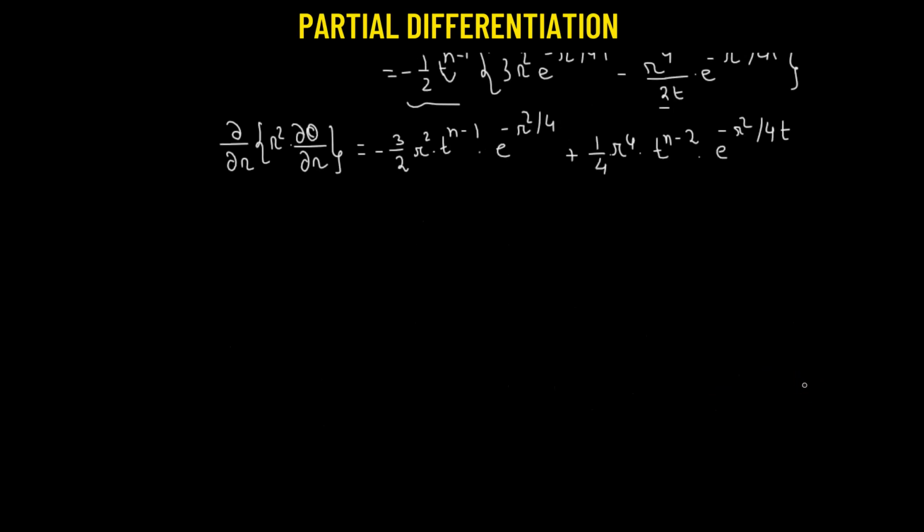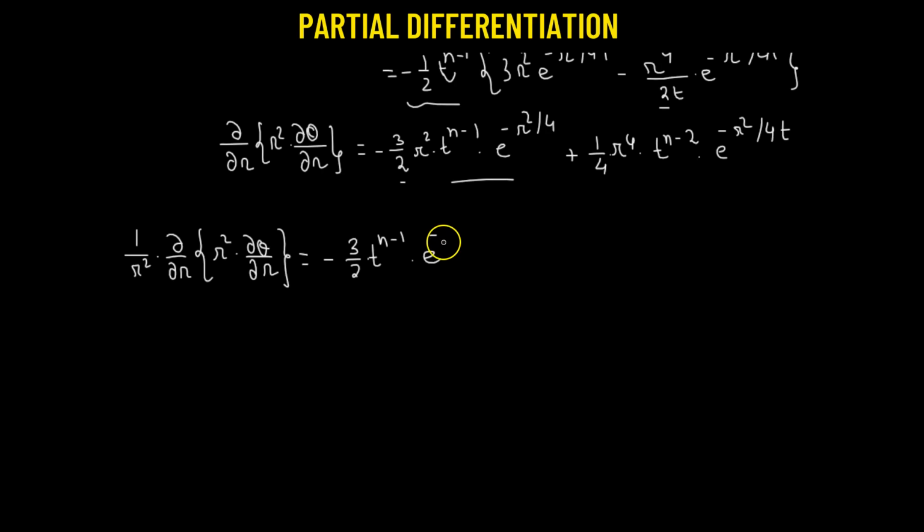Now what we'll do, we'll divide both sides by r squared. So that means we now have 1 over r squared multiplied to partial with respect to r of r squared times partial of theta with respect to r. So this will be equals to, dividing this first term with r squared, this will give us negative 3 over 2 times t raised to the power of n minus 1 times e raised to the power of negative r squared over 4t.